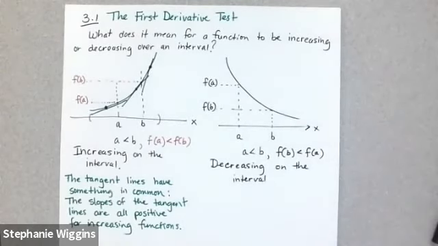The tangent lines, their slopes are all positive if the function is increasing. In other words, f prime of x, the derivative, is greater than 0.